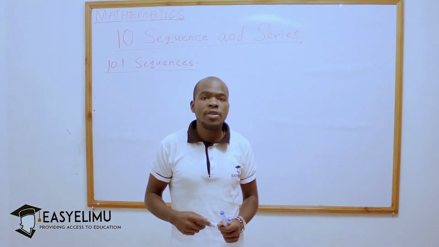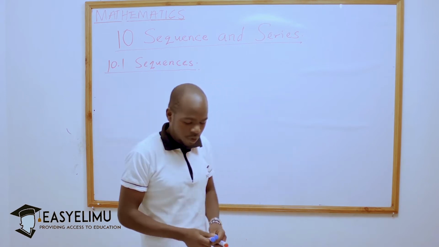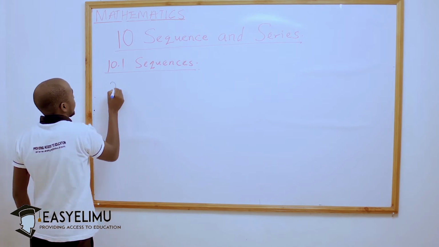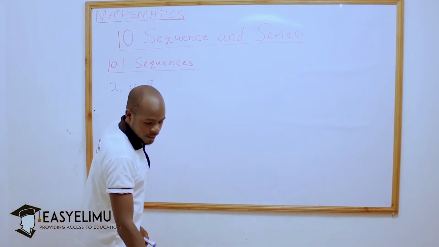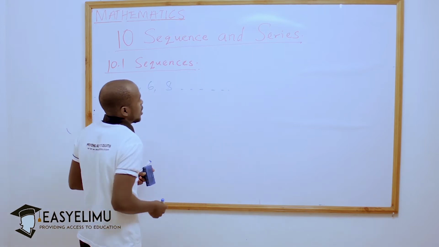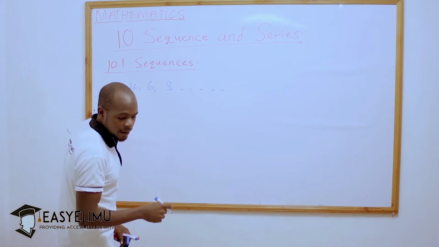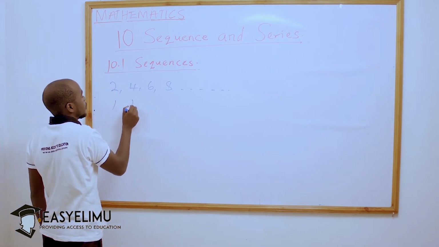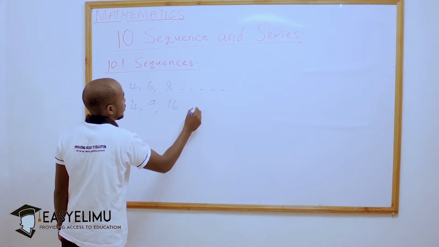We are going to observe certain numbers which are given in the form of a pattern, such as 2, 4, 6, 8, where they follow each other in a certain pattern. We have another one like 1, 4, 9, 16.